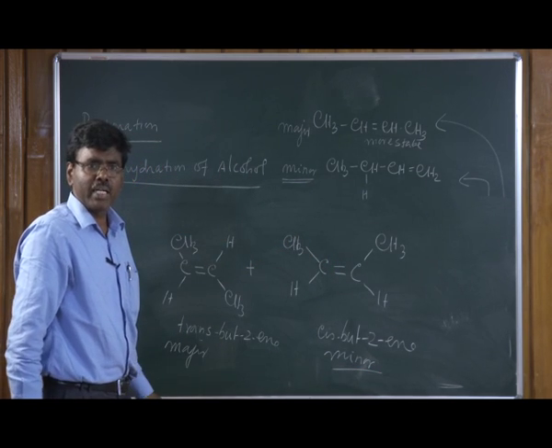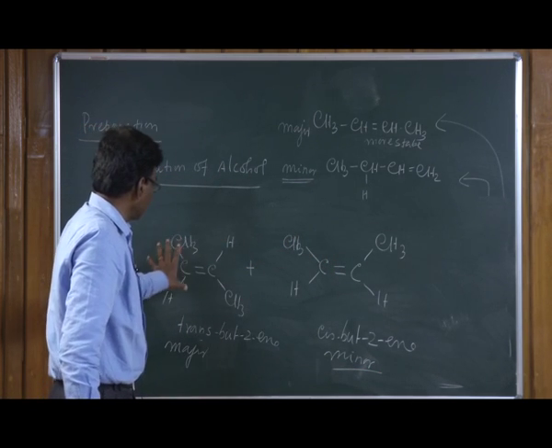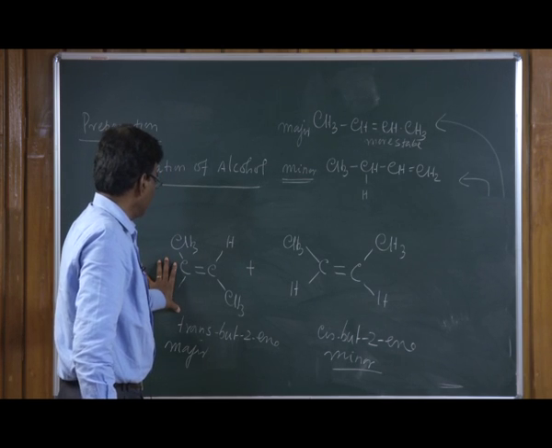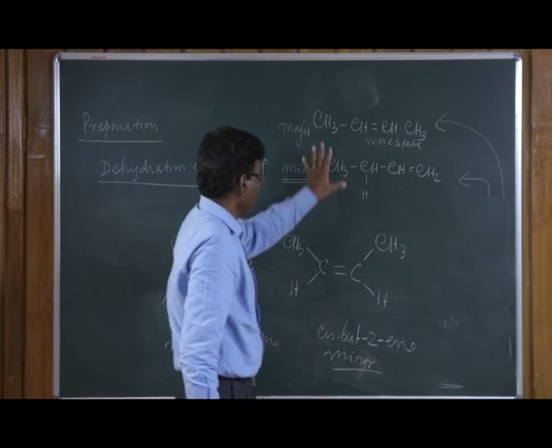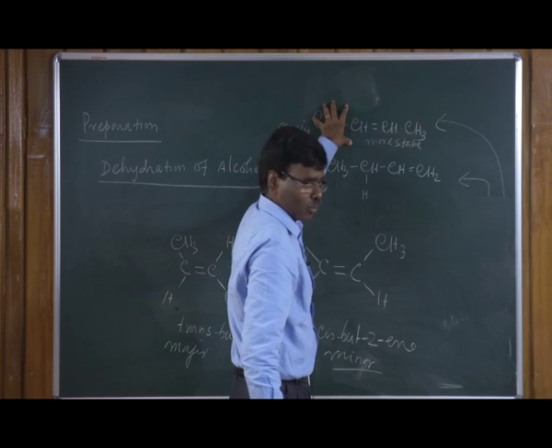These are called geometrical isomers, and this will be the major compound, this will be minor, and if you compare the ratio of this to this, this will be the major product.